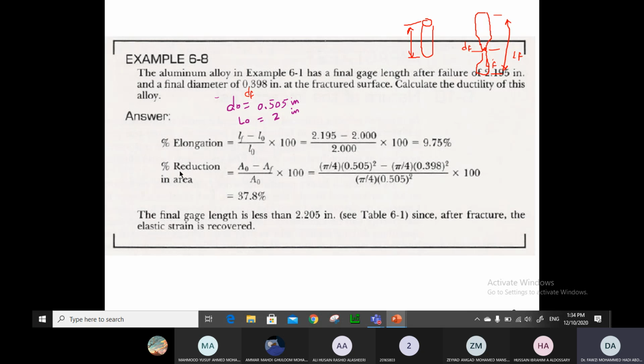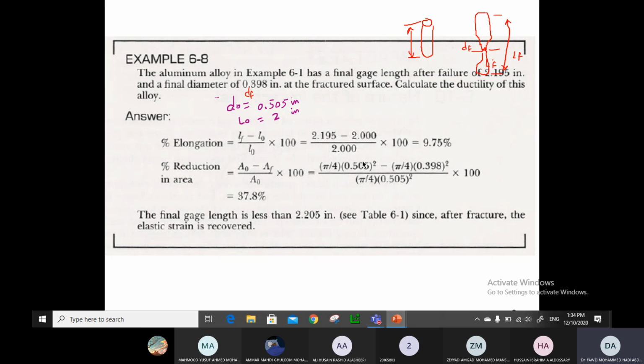Or we could calculate it using the reduction in area. Normally people use the percent elongation. It's the initial area minus the final area over initial area, times 100. So you can see that's the final dimension which we are having, and that's the initial dimension. Why initial?